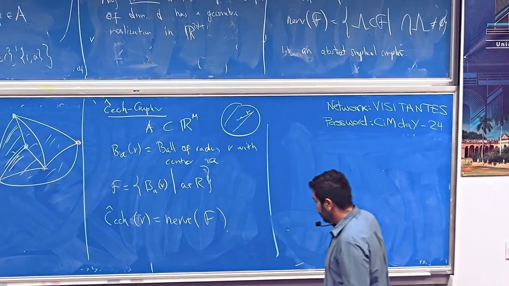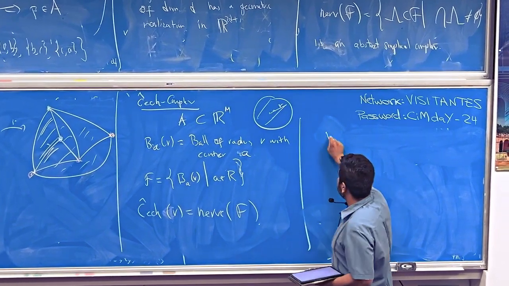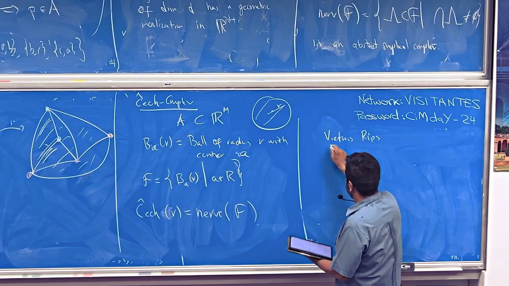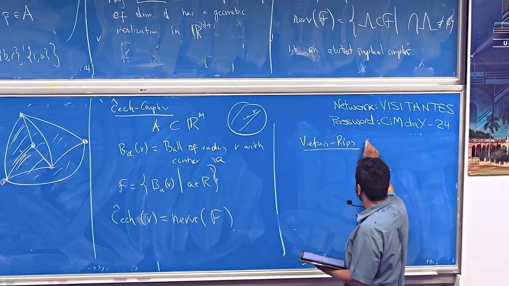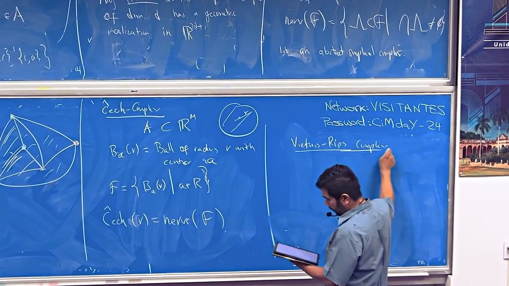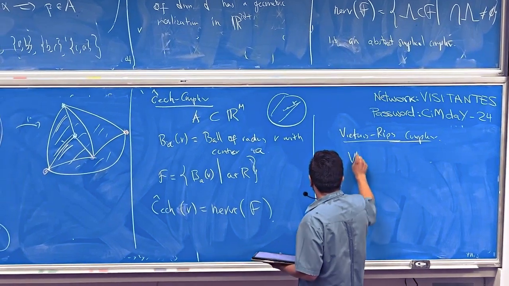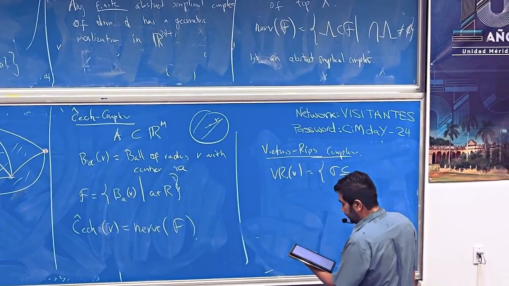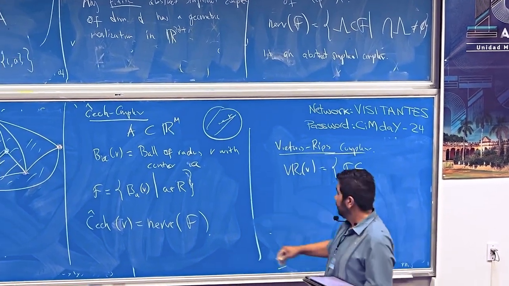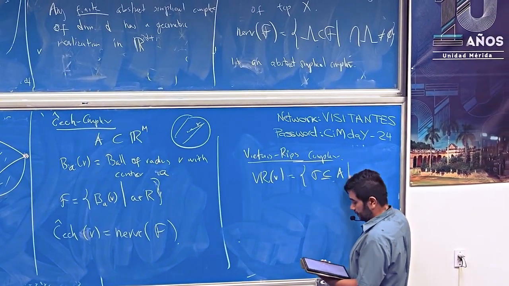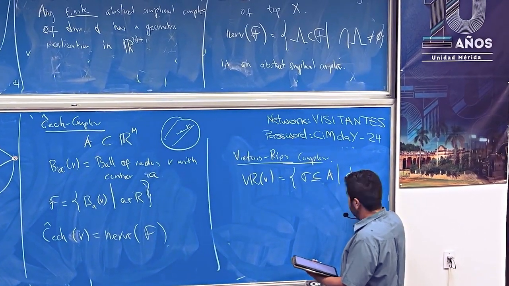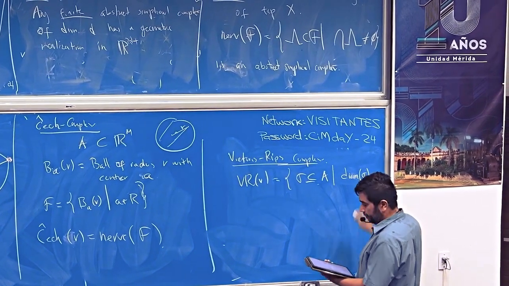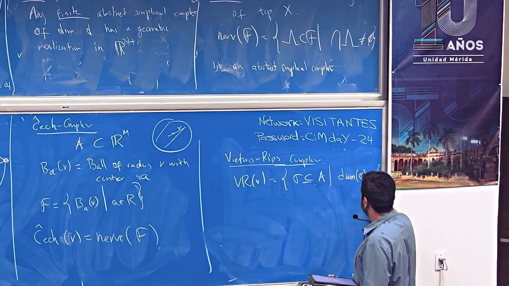Okay, there are other variations, which is the Vietoris-Rips complex. We basically use the same idea, but instead of considering the nerve, it just considers sets where the diameter of sigma is lower than 2r.